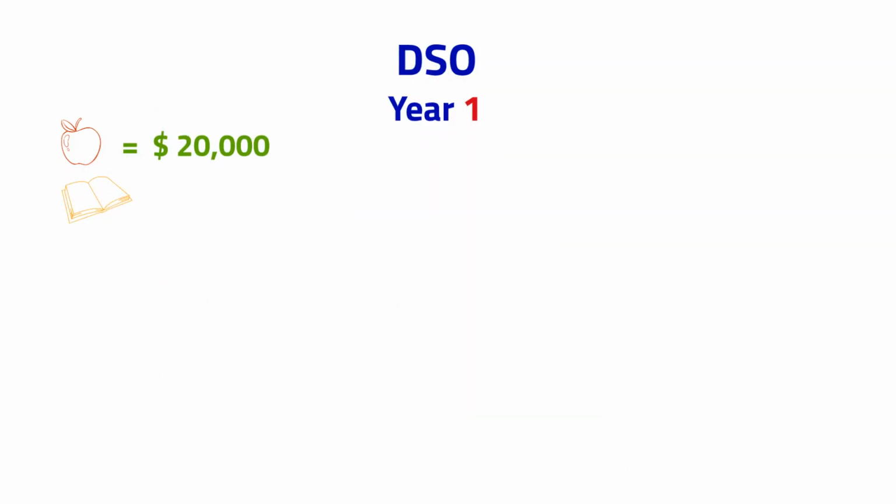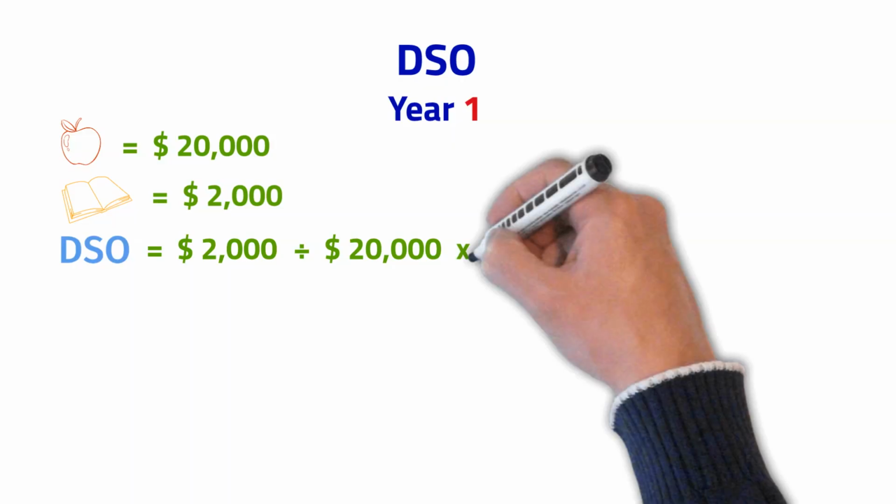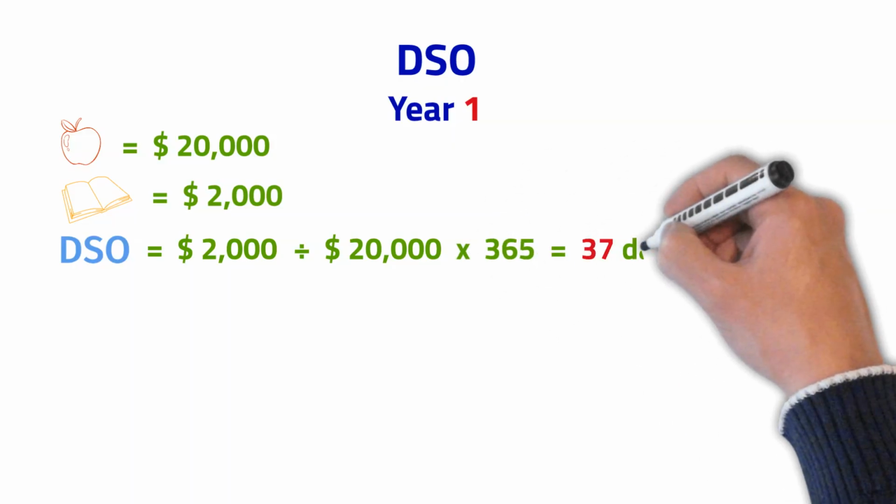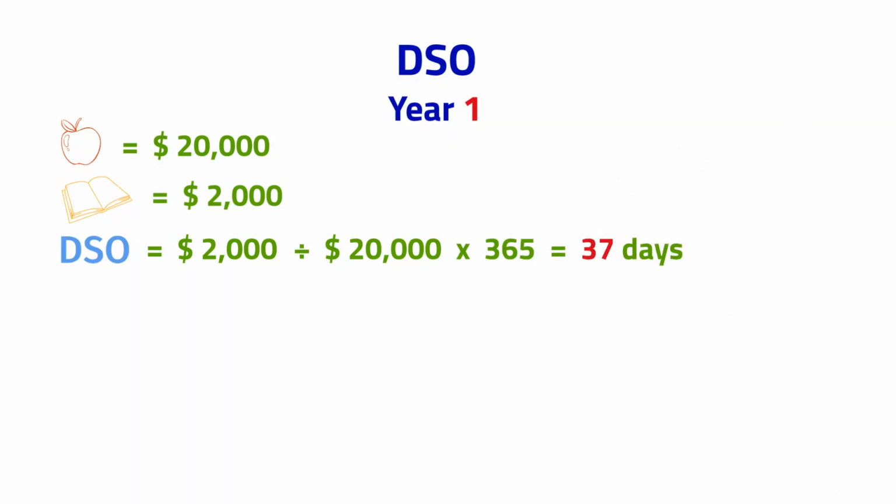Let's have a look at an example. Last year we sold apples and apple jam for $20,000. At the end of the year we had $2,000 in receivables. Our DSO was 2,000 divided by 20,000 times 365 equals approximately 37 days. So, last year it took us approximately 37 days to collect receivables.